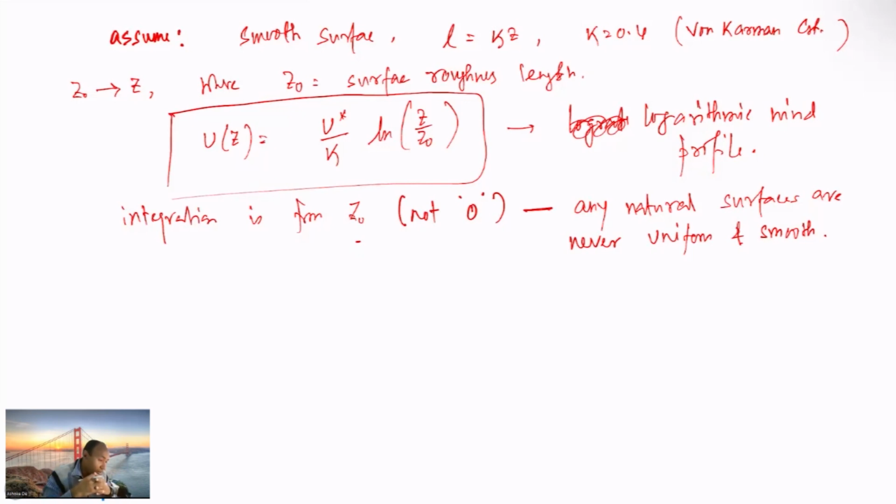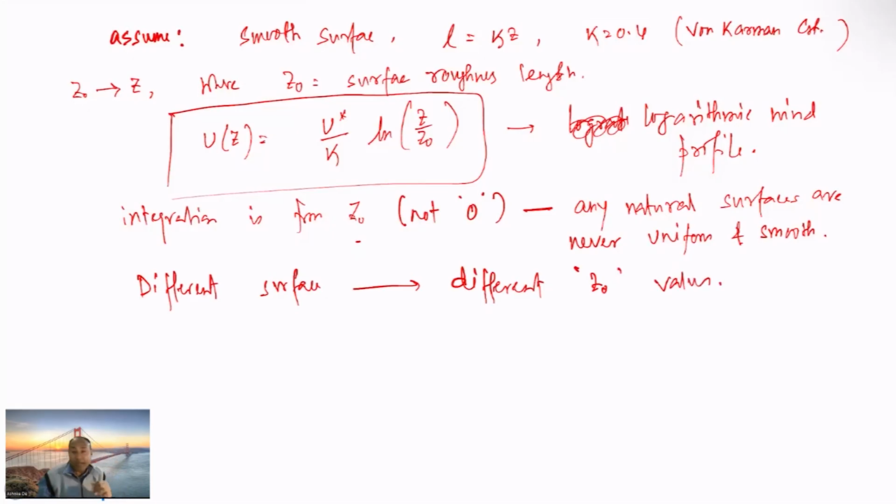Different surfaces have different Z0 values, so that provides information or an idea about the roughness, because Z0 takes care of the surface roughness.